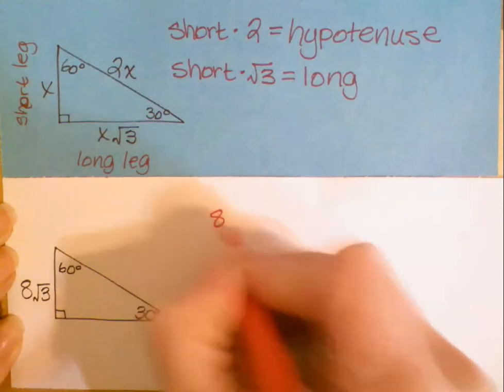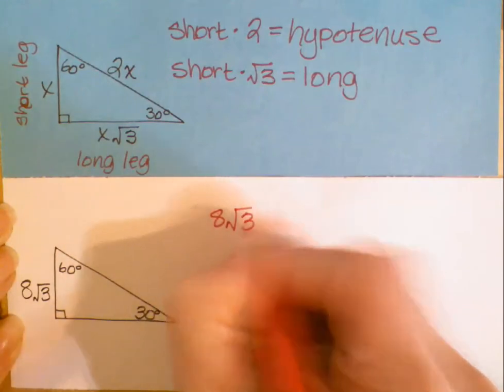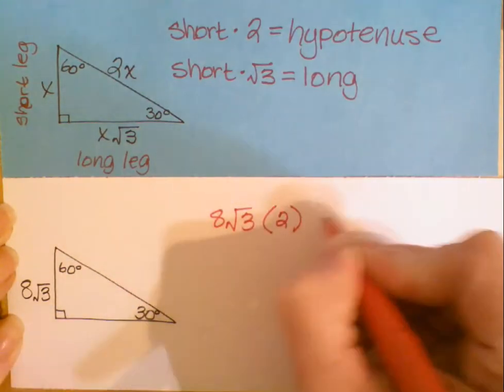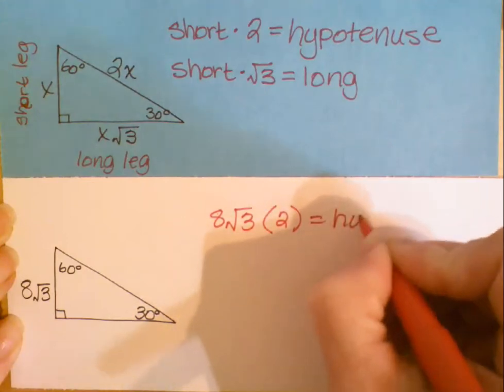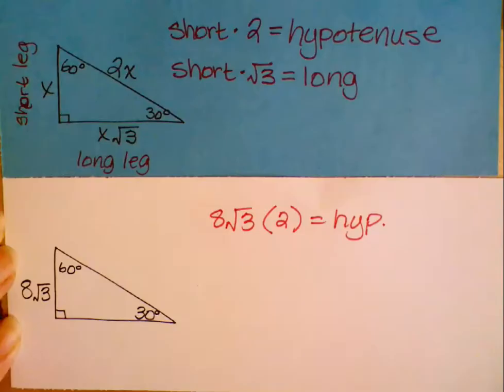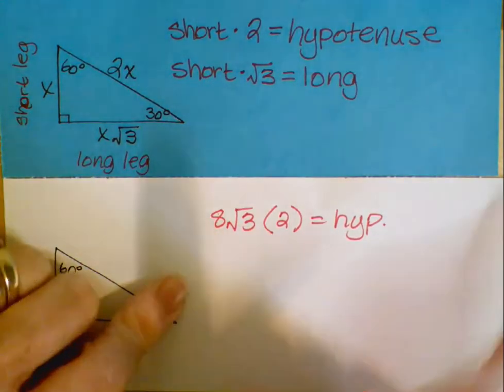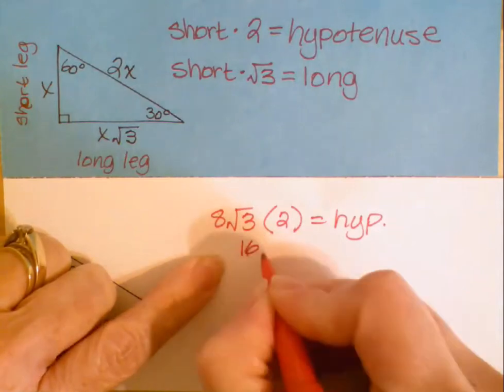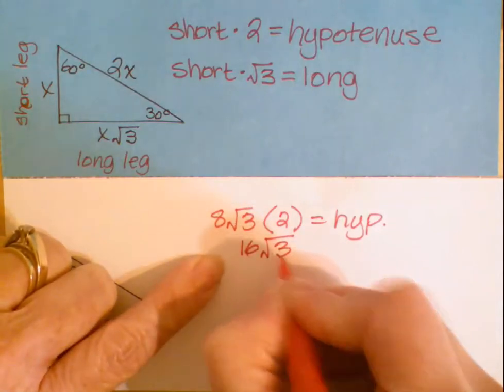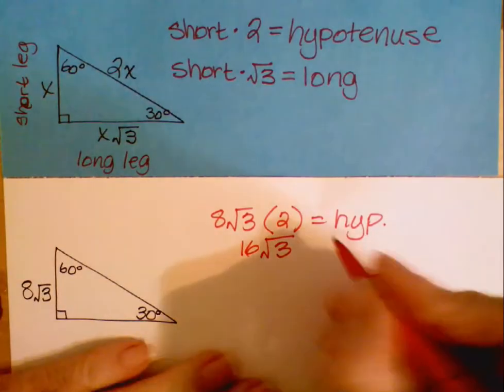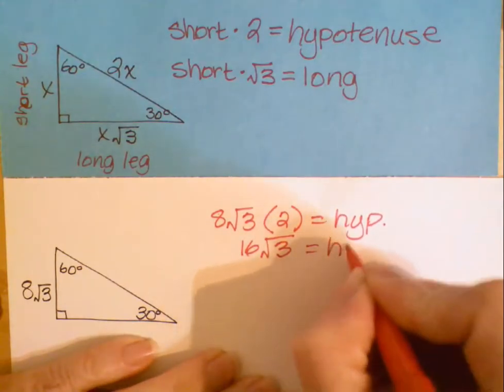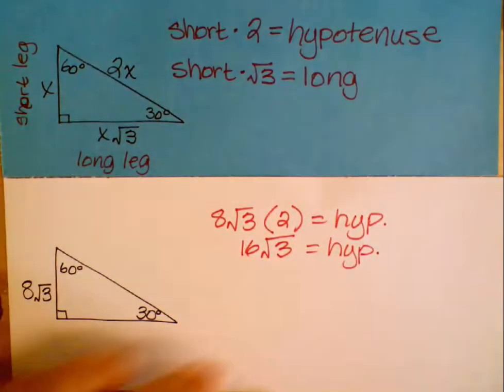So here, 8 root 3, the length of the shorter leg, times 2 would give us the length of the hypotenuse. In the case of multiplying the 8 root 3 and the 2, we multiply the whole number values together. So the 8 combines with the 2 to produce a 16, and the square root of 3 remains unaffected. So the length of our hypotenuse in this case is 16 root 3.